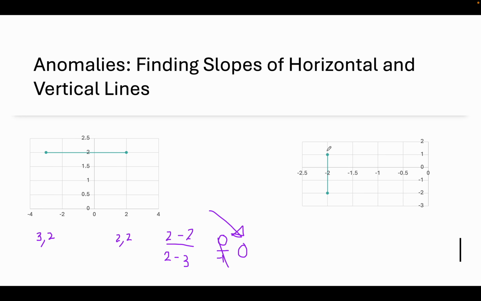When I have a vertical line, let's see what happens there. My x value, it looks like it's -2 for that first point, and the second point, it's -2 and 1. My second point is -2 and -2.